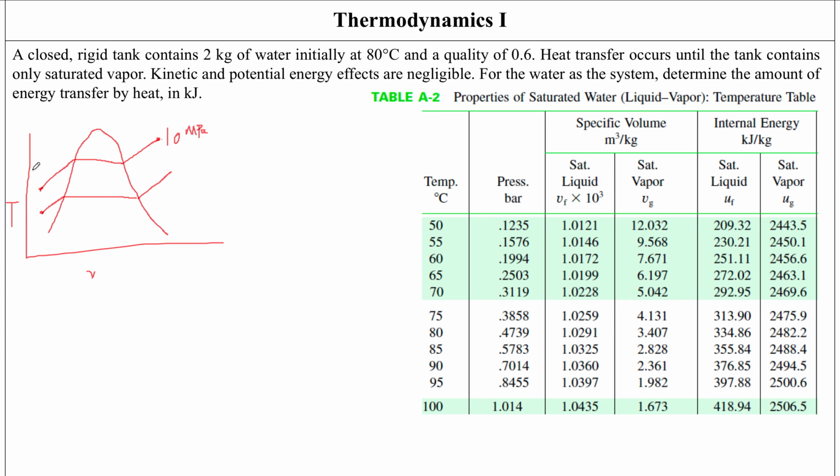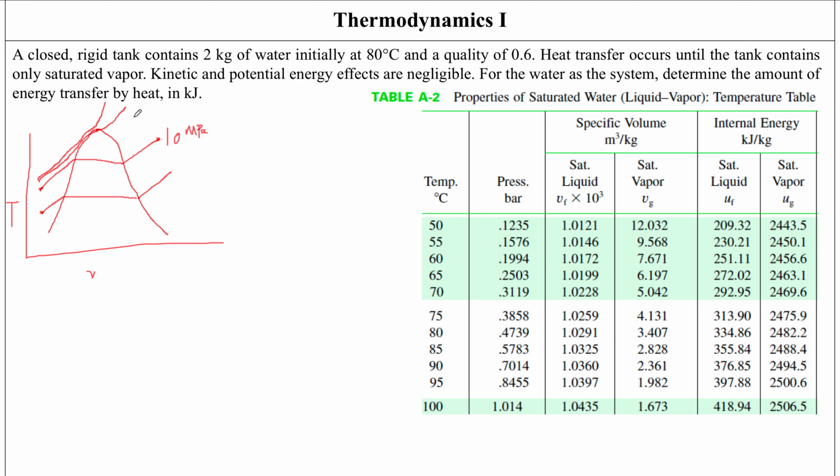And then once you cross this dome, this curve looks like this. Let's say this is your critical point over here, and the curve at the critical point is going to be like this.